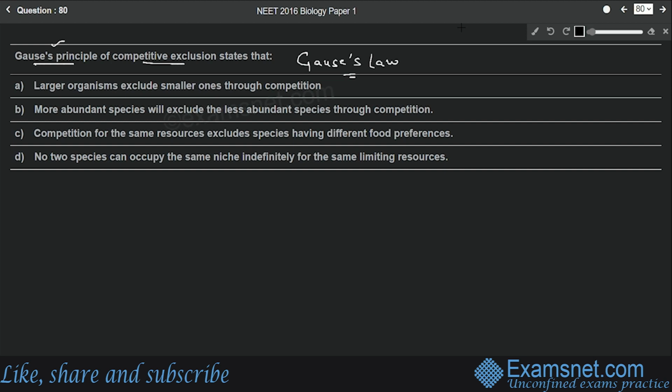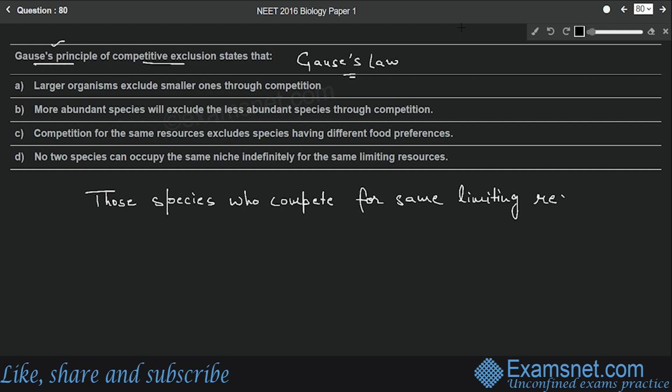Now this law states that those species who compete for the same limiting resources cannot coexist.